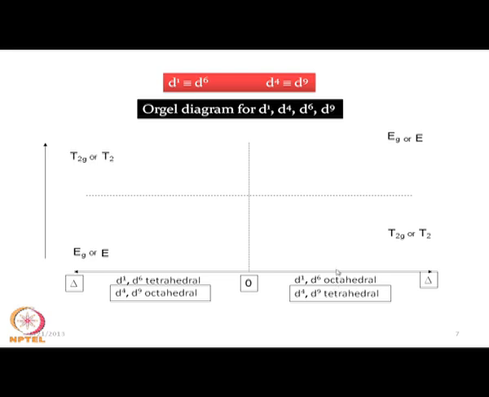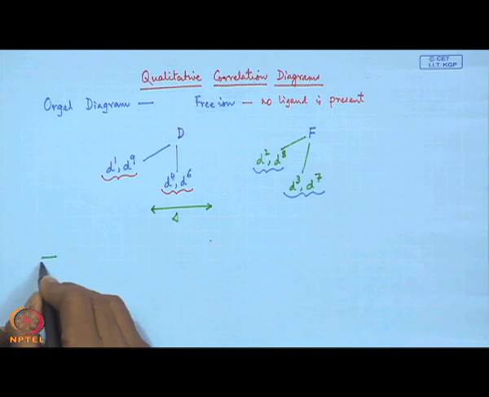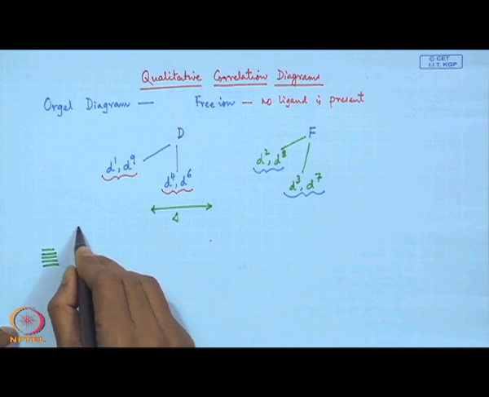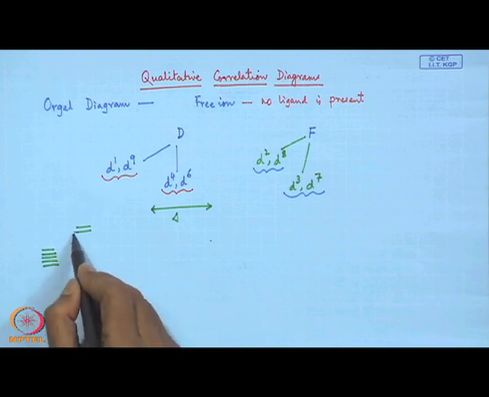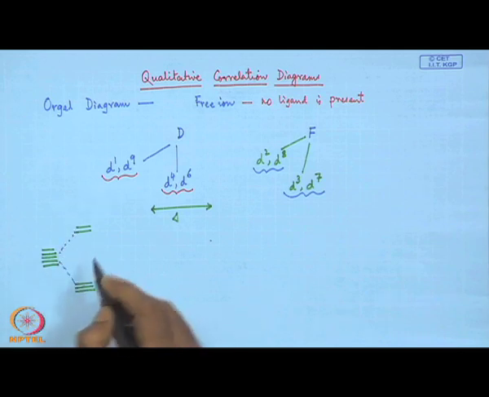Again we see that there is a relationship between the splitting in the octahedral field and in the tetrahedral field because of the orientation of the different orbitals. What we have seen earlier is that in octahedral splitting, the 5 orbitals are split into a triplet and a doublet form in an octahedral field.